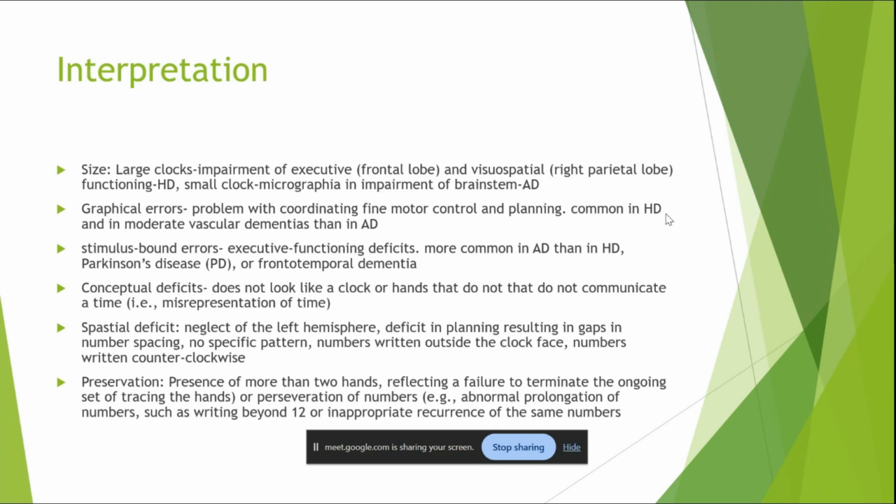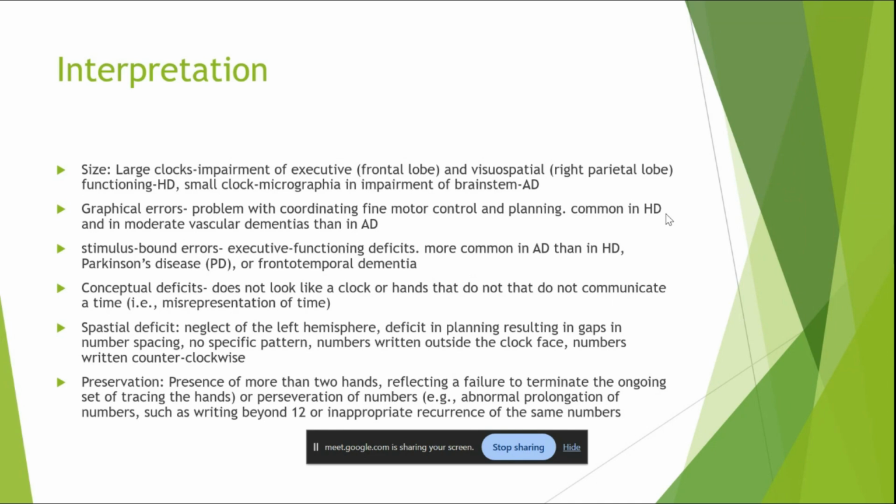This impairment is more common in patients with Huntington's dementia. Also, if it's a tiny clock, there could be micrographia, which is an impairment of the brainstem, and this can be seen in Alzheimer's dementia.